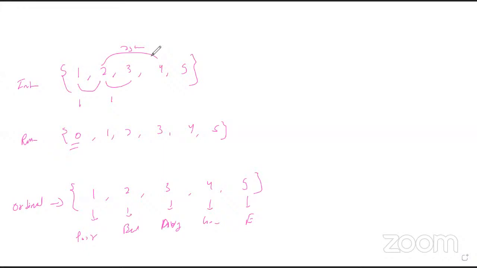If we mention the rating numbers as names like poor, bad, average, it becomes ordinal. If you add such labels, it would be ordinal. If you take ratings from 0 to some other number, it would be ratio. If you take it like this, it would be interval.